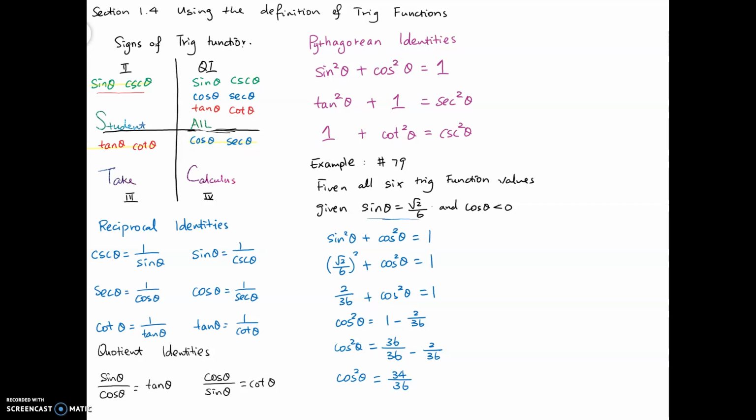So to continue from this point, I need to take the square root away from the cosine squared theta. So cosine theta, take the square root, becomes plus or minus square root of 34 over square root of 36.